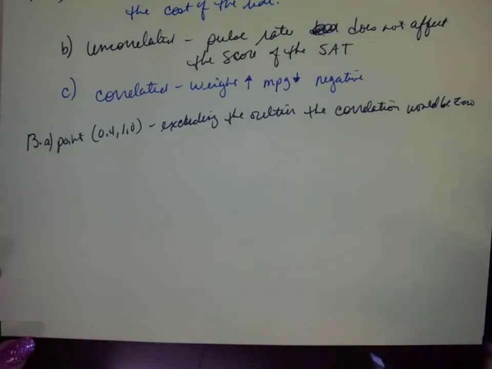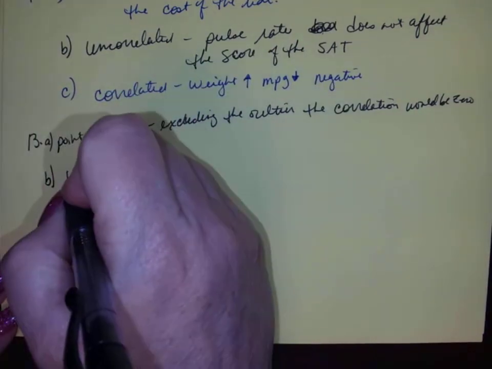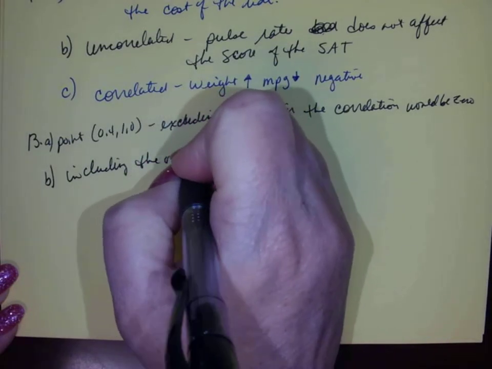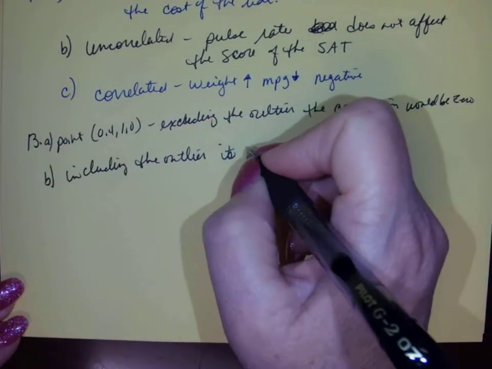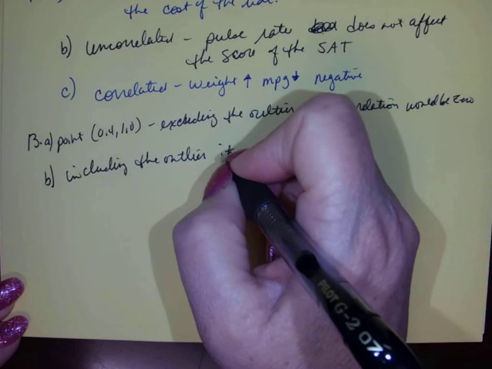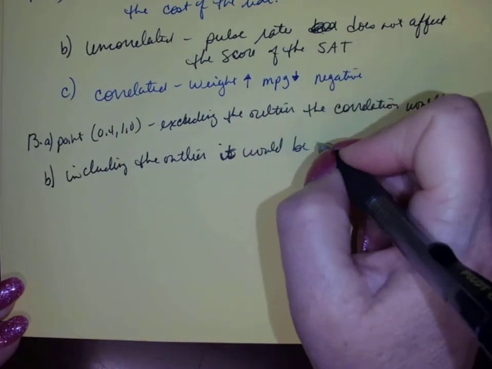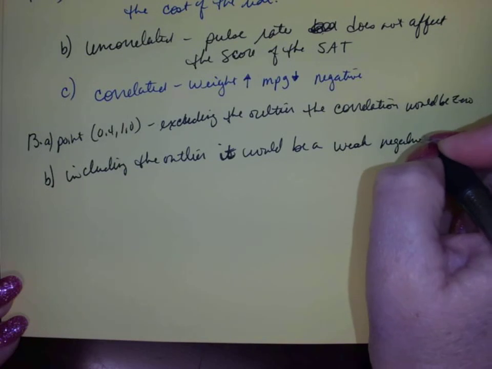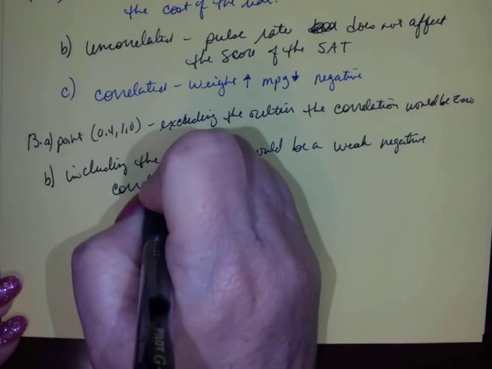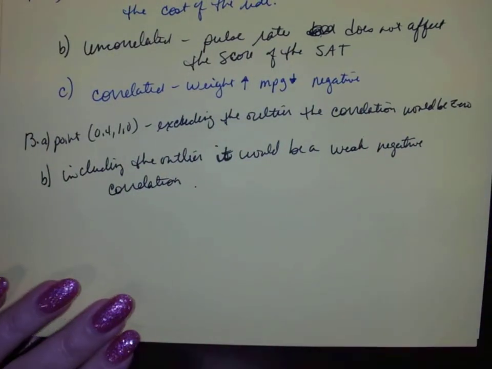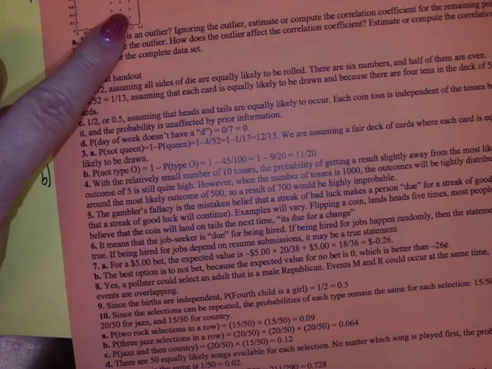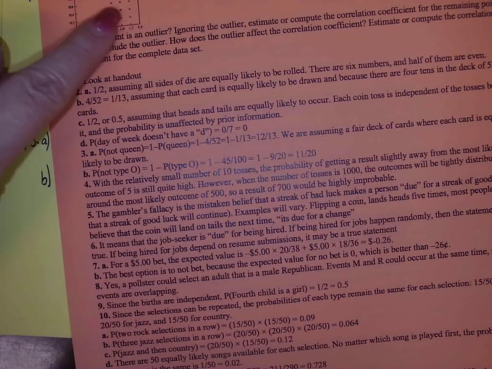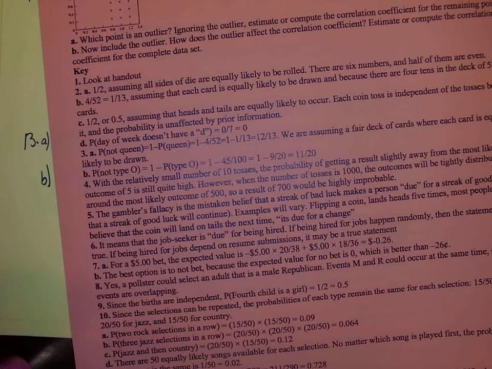So we could say that for part B, including the outlier, it would be a weak negative correlation. Okay? Because it will come down, but it's not strong because there's not much else up here. There would be like 3 dots that hit on the line, but it's still not going to be a strong one.